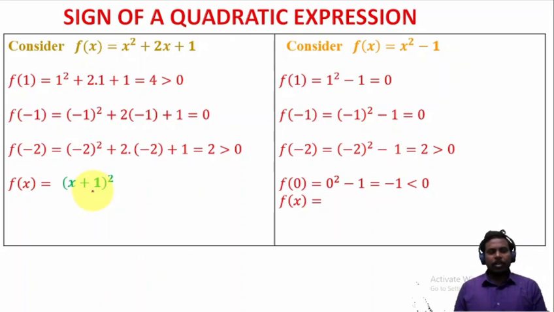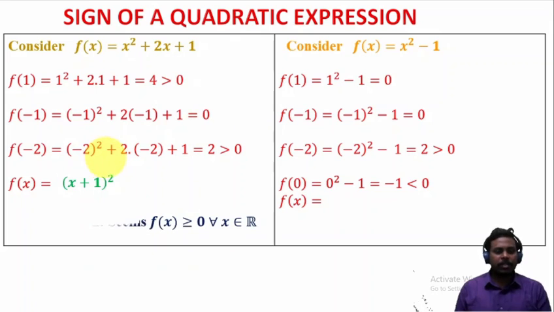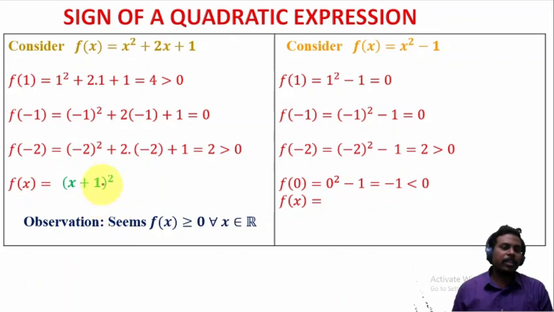That means whatever the real number I am substituting here, either I'll be getting 0 or a positive number. So this is our observation here. It seems f of x is greater than or equal to 0 for all x belongs to real numbers. Actually, we can say firmly that this expression is going to be greater than or equal to 0 for all x belongs to real numbers.